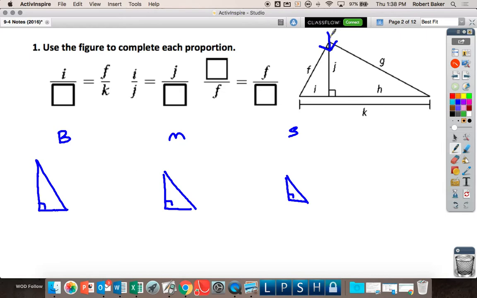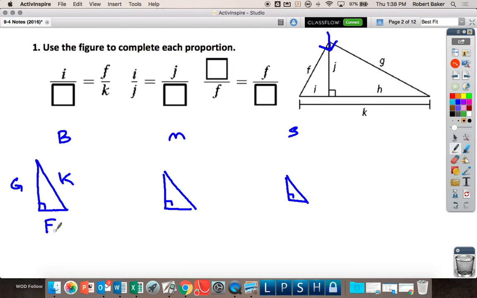So the hypotenuse of the big right triangle is K. Now, which one's the long piece on the big right triangle, the long leg? G is. And which one's the short leg? F. So what I'm doing right now is I'm just labeling this triangle. Now I know which one's the long leg, which one's the short leg, and which one's the hypotenuse.